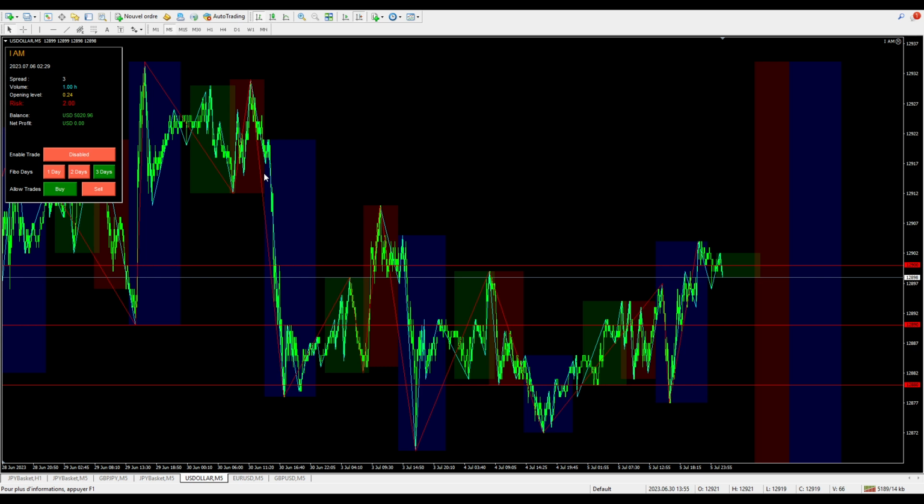So as you probably know, when a market is going down, the pattern is a higher high, then a low, then a high which is not higher than the higher high, then a lower low, then another high, then a lower low. So this is definitely a trend going down.